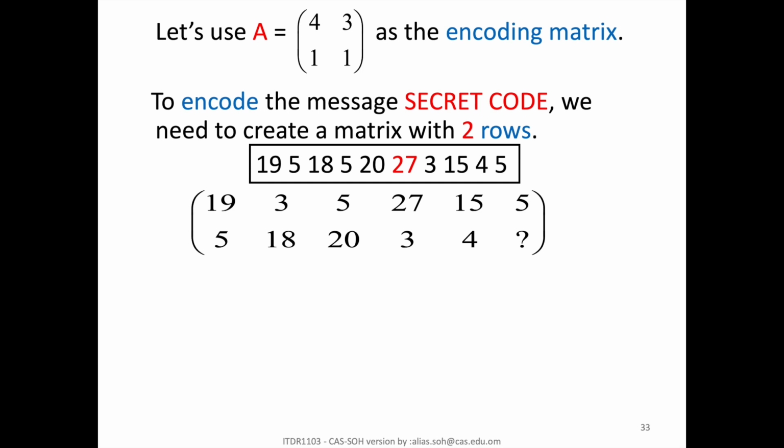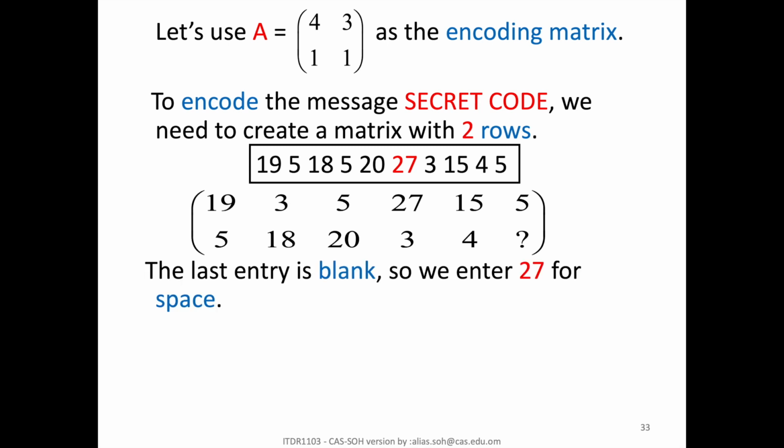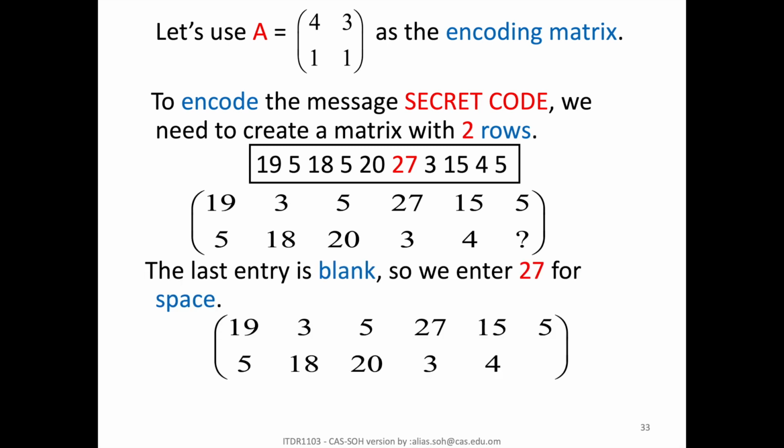Once we end up with the 2 rows, then we go for the second column. In case we have an empty element, then we can just put a 27 in there. Alright, for our example here, to encode a secret code, we will use a matrix as 4131.